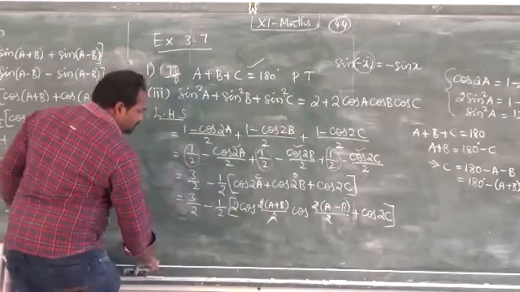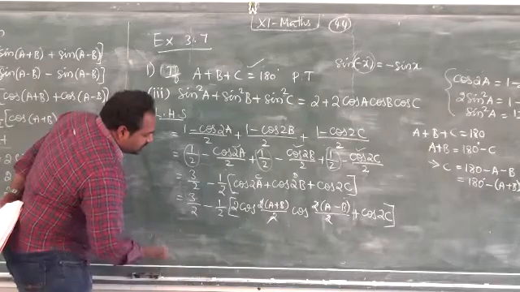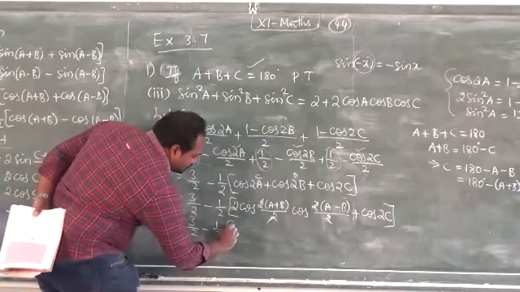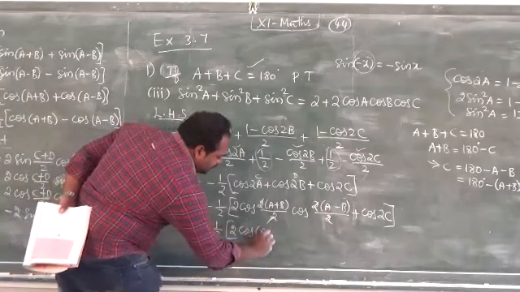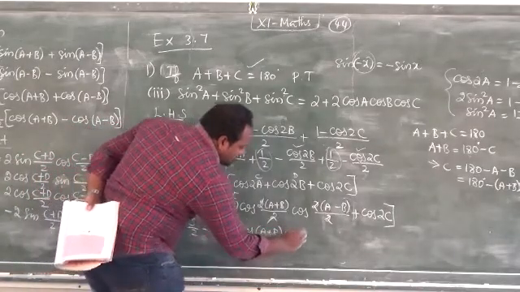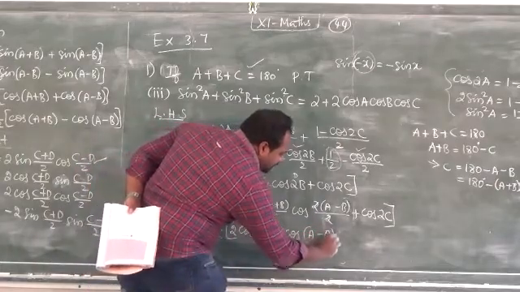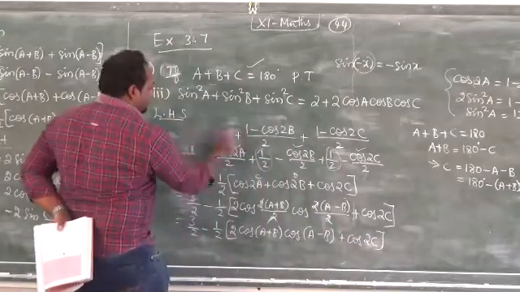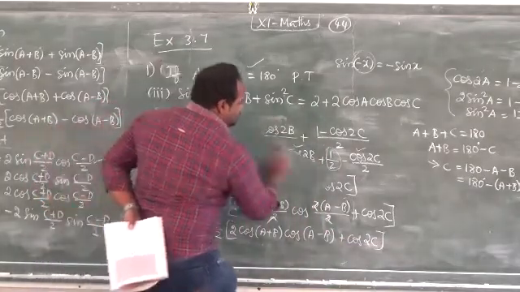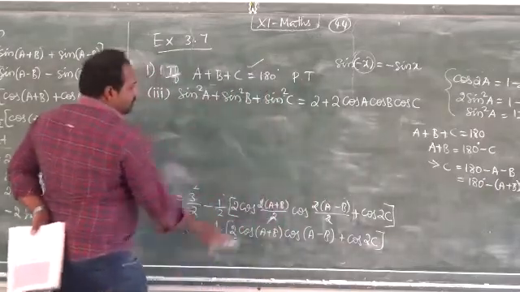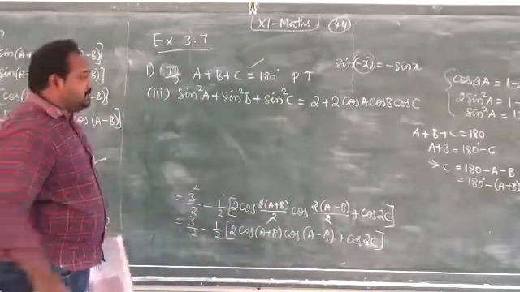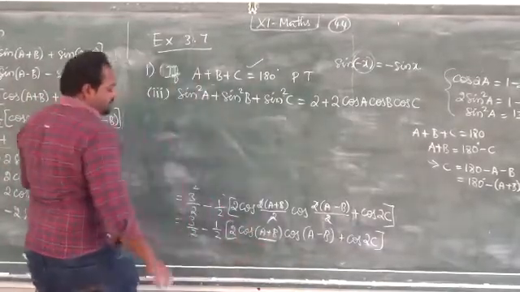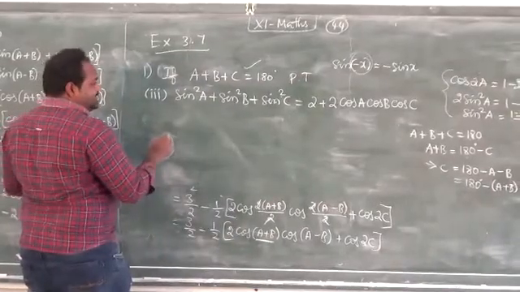Next, we have 3 minus 3 by 2 minus 1 by 2, 2 into cos of (a plus b), cos of (a minus b), cos 2c. In this case, once again I am going to use the condition given in the question, a plus b plus c equals 180. So instead of a plus b, I can write 180 minus c.